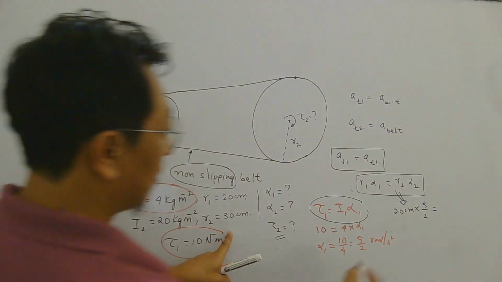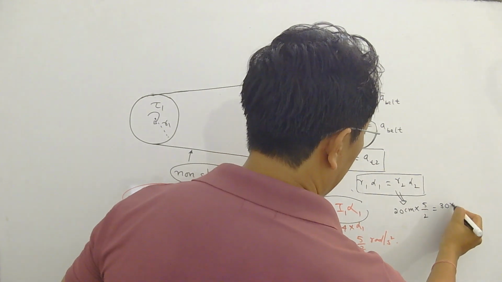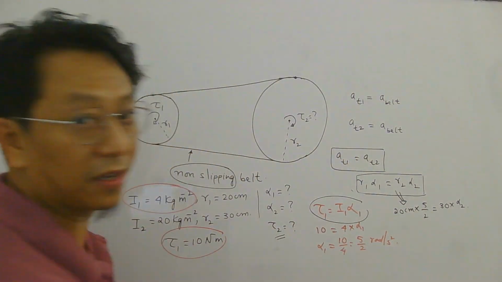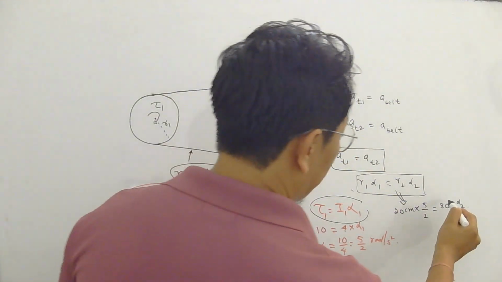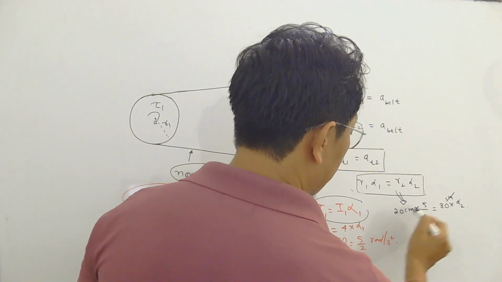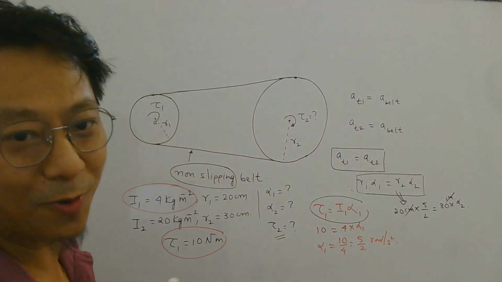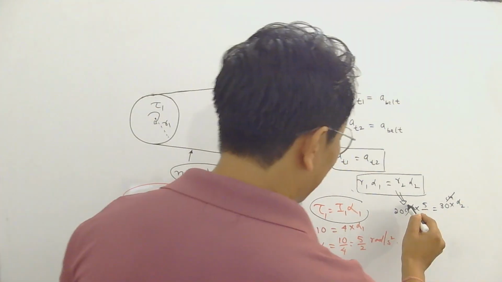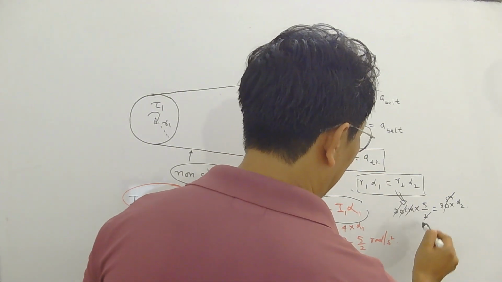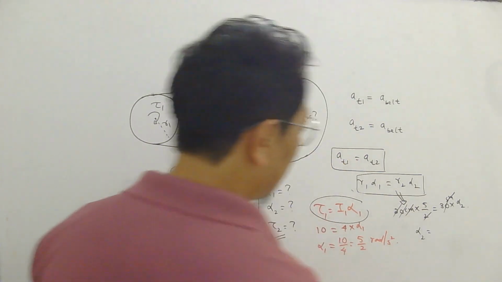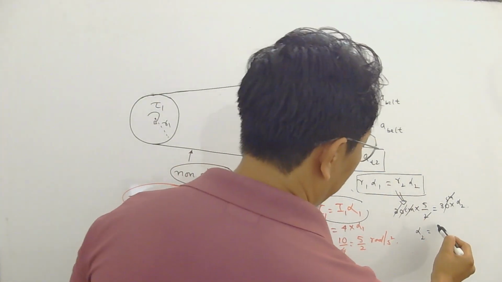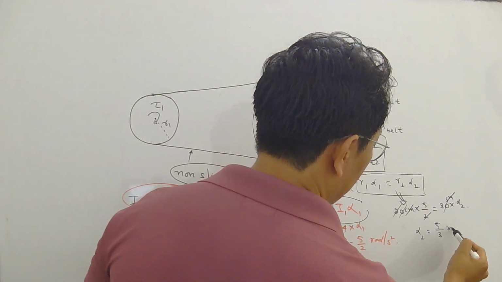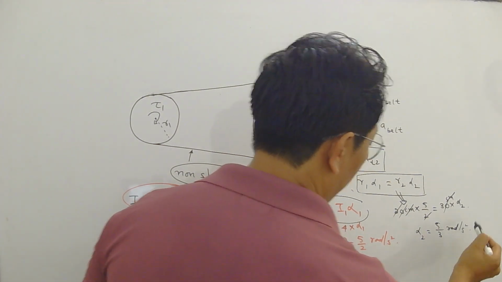Radius of the bigger wheel is 30. And the angular acceleration we have to find, alpha 2. This is also centimeter, so centimeter will cancel. That's why I didn't convert into meter. The zeros cancel, 2 and 2 cancel. So the angular acceleration of the second disk will be 5 by 3 radian per second square.